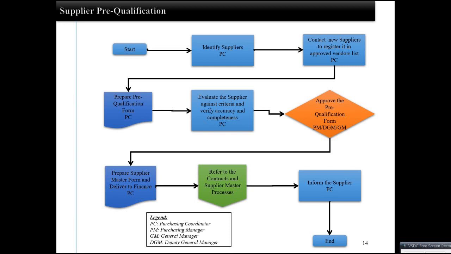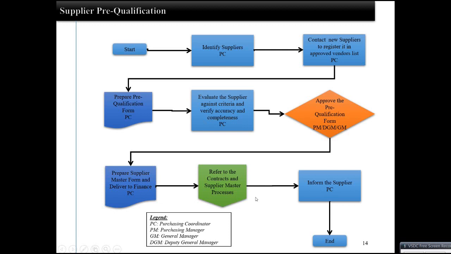Then evaluate the suppliers against criteria such as variety, accuracy and completeness, whether they can give complete products, and in how much time. You will get all this information from the suppliers. Not only from one supplier, you will request it from many suppliers, and then based on that approve the pre-qualification form, that this supplier is reliable and we can purchase from them.